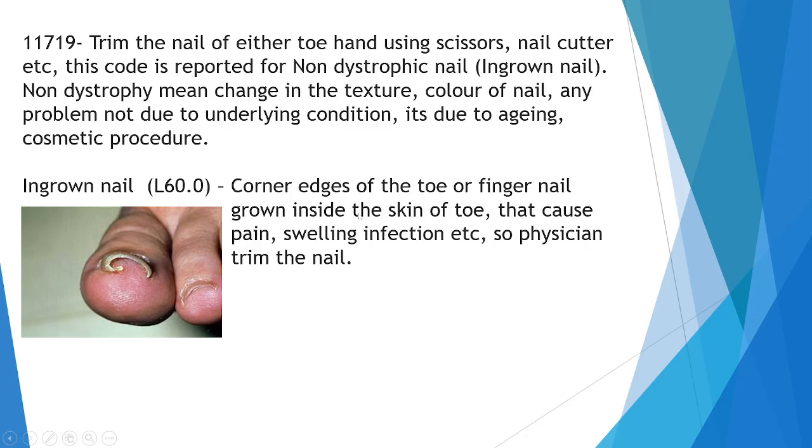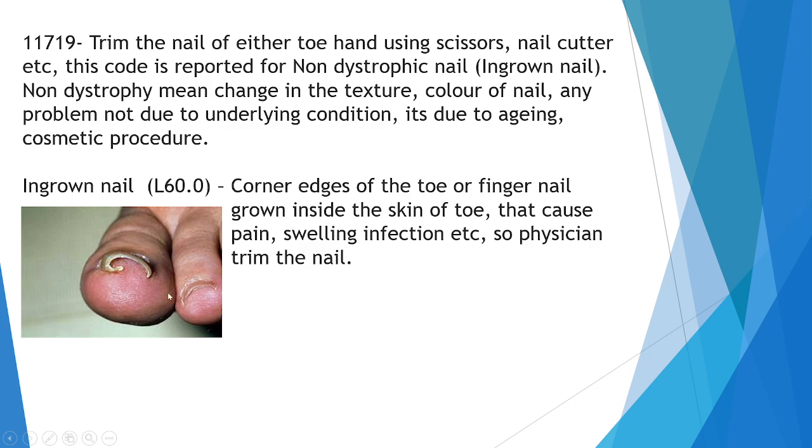Now, first is 11719. What is trimming of the nail? Why is trimming of the nail required? Because of the ingrown nail. What is an ingrown nail? You can see in the picture the corner edges of the nails.